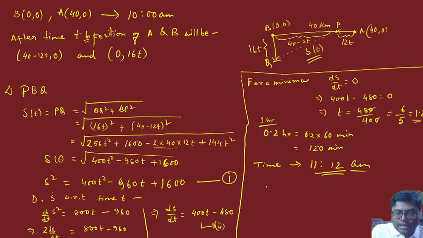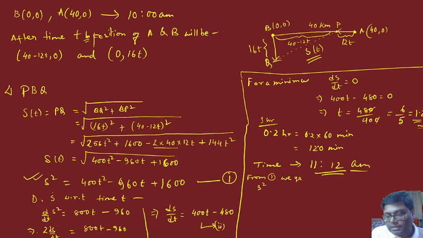Now if I put the value of t, that means 1.2, in this equation, what do we get? Let us say t squared means a squared from equation 1.